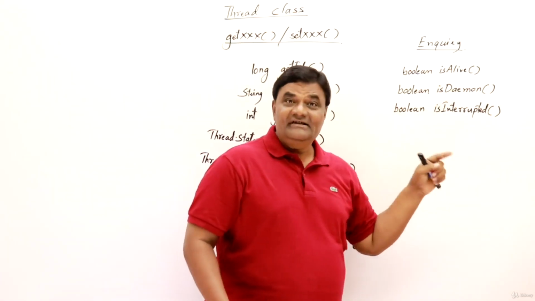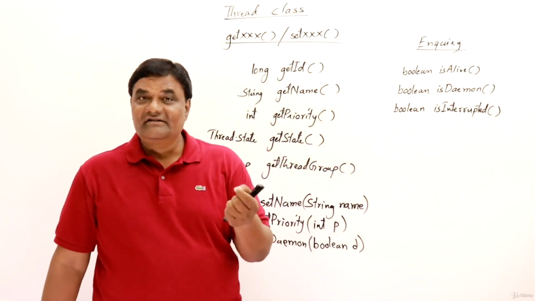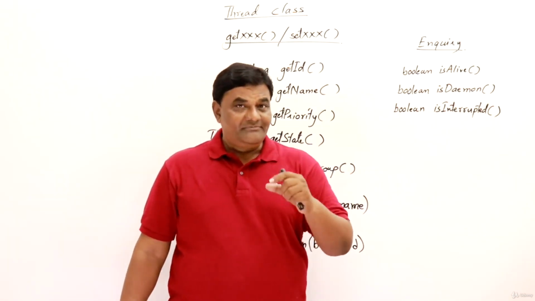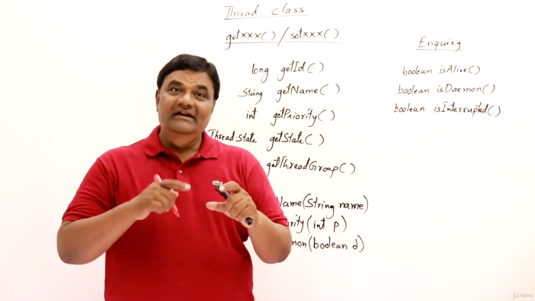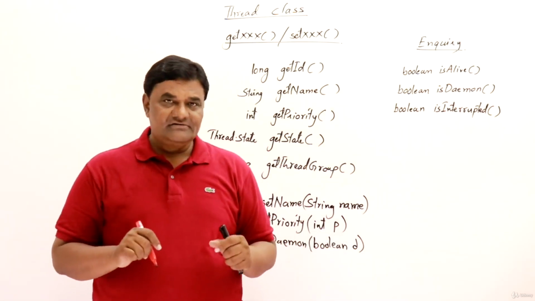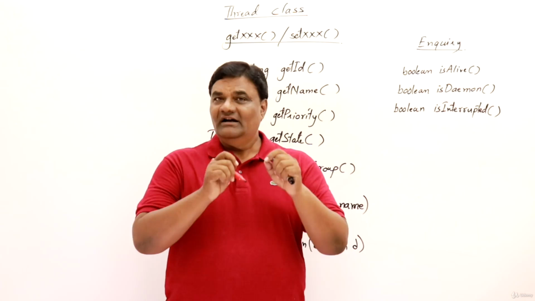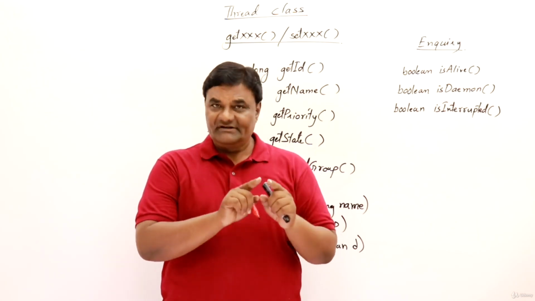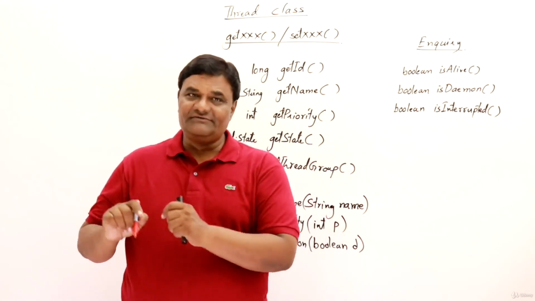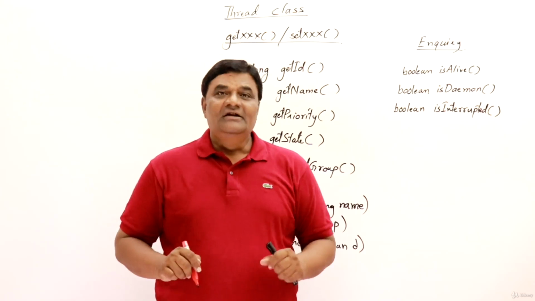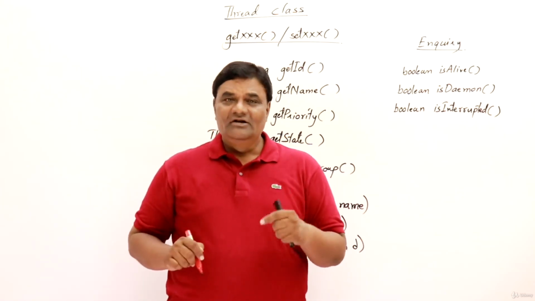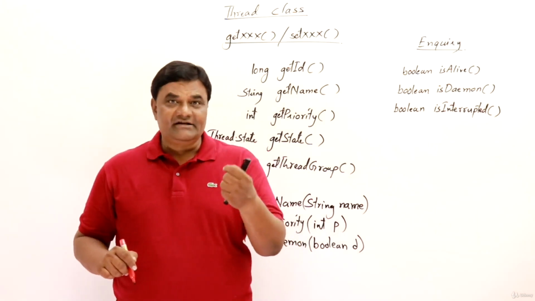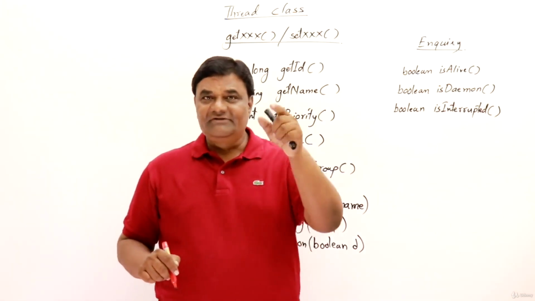Now the next thing, isInterrupted. Is a thread interrupted or not? There is a method called interrupt, so you can interrupt the thread. What for? You can ask the thread to stop whatever it is doing and continue the rest of the work or terminate. For example, if a thread is waiting, you can interrupt it and stop it from waiting.